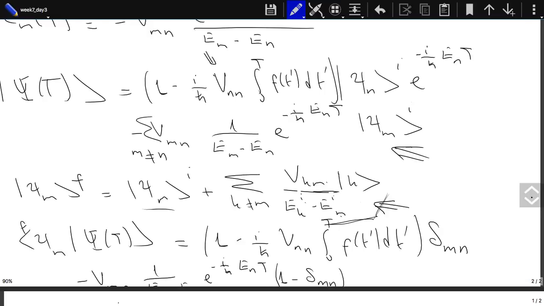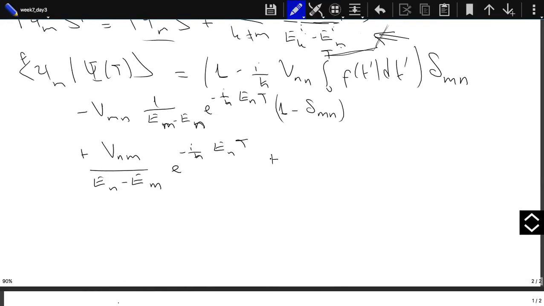Plus terms, of course, of the order of V squared. Now, here I also have 1 minus Kronecker delta Mn, and it seems that I have made a sign mistake.